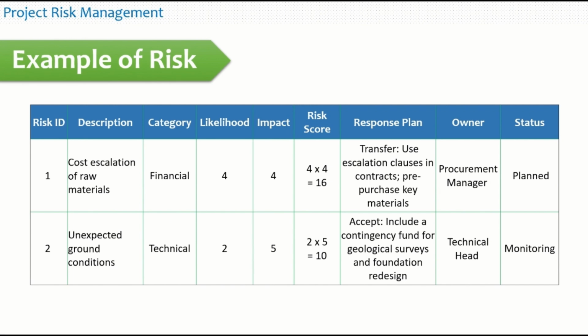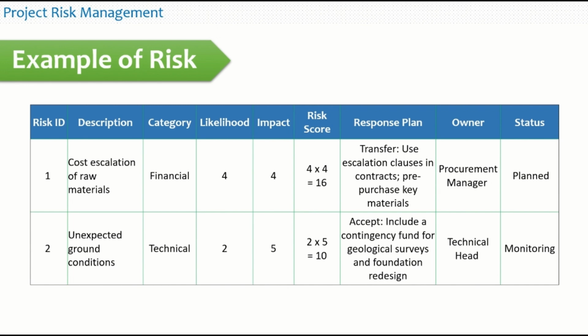The first one is cost escalation of raw materials. This is a financial category of risk whose likelihood we have considered as 4 because it is very common to see upward change of rates of construction materials, particularly if the project duration is 3 to 4 years or more. The impact is considered as 4 because the impact is very heavy on the finance of the project.